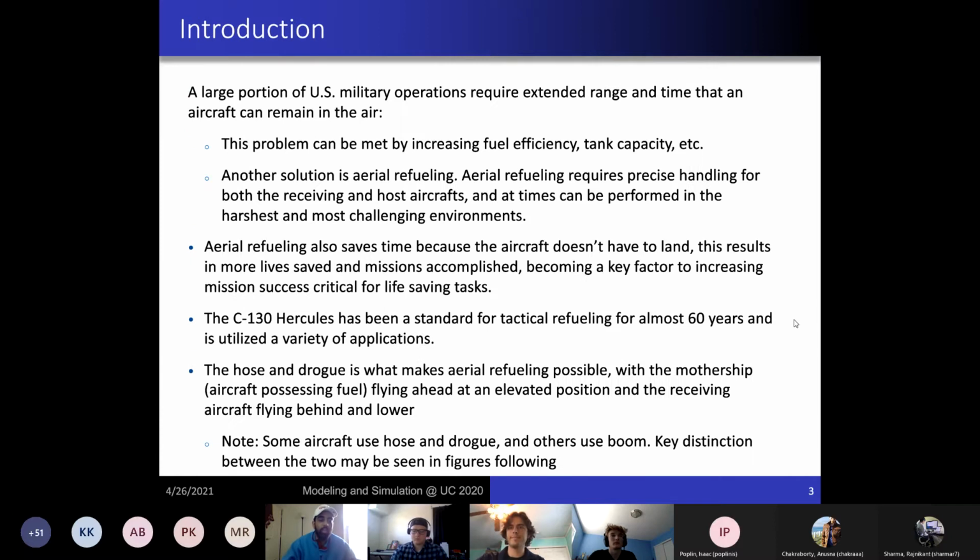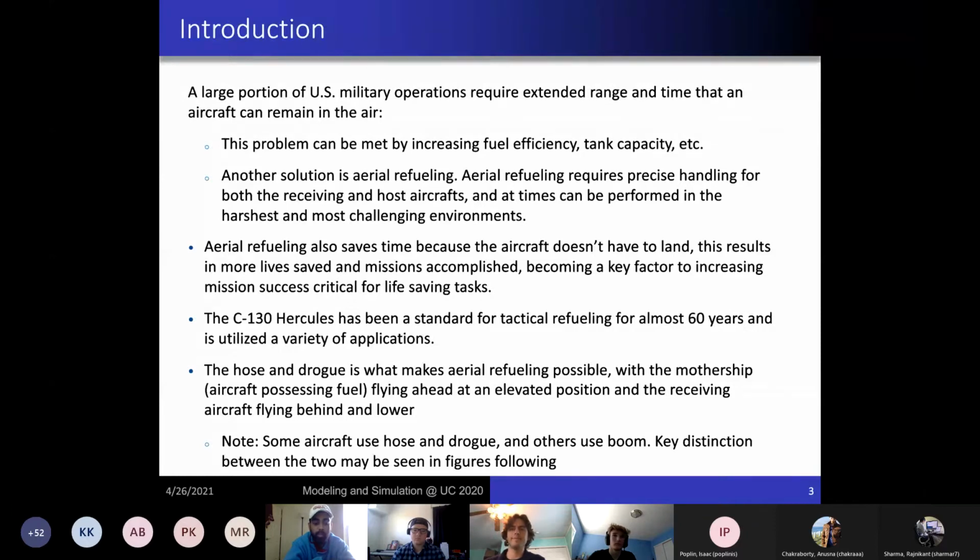So a little introduction. Aerial refueling is a large part of U.S. military operations. It is required to extend the range and time that an aircraft can remain in the air. This problem can be met by increasing the fuel efficiency, tank capacity, and other factors along those lines. Another solution is aerial refueling. When we were doing a lot of reading about this, we saw that it requires precise handling for both receiving and host aircraft.